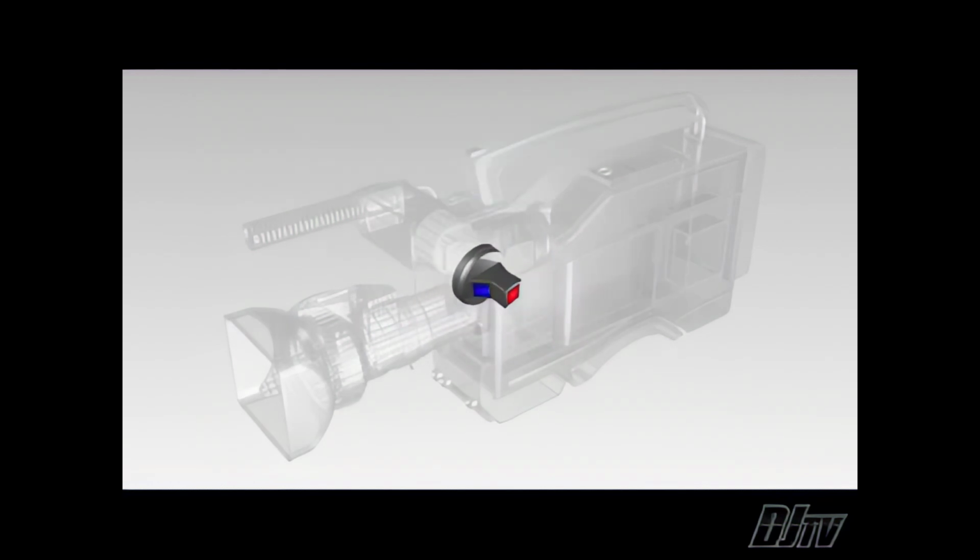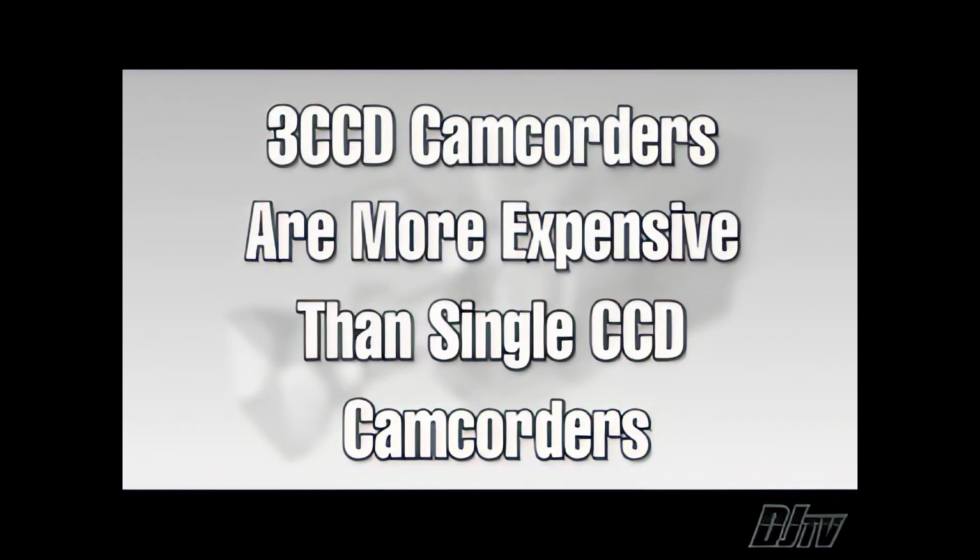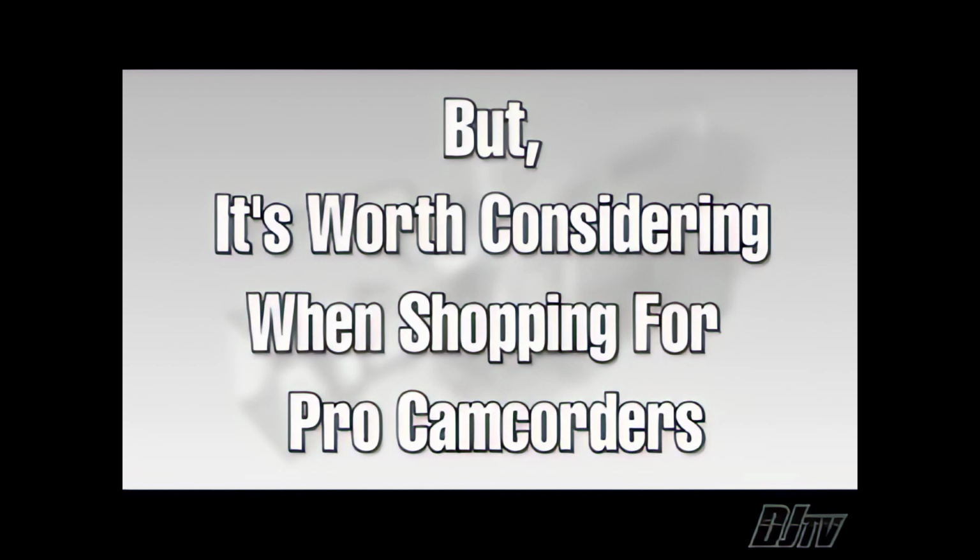The lens itself in such a system is more complex, and the addition of the prism block, 2 more CCDs, and the circuitry to integrate them makes 3 CCD camcorders comparatively more expensive than single CCD systems. But this is something to look for in a professional camera.